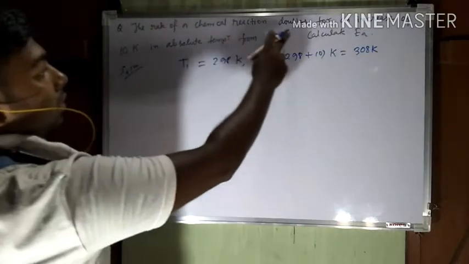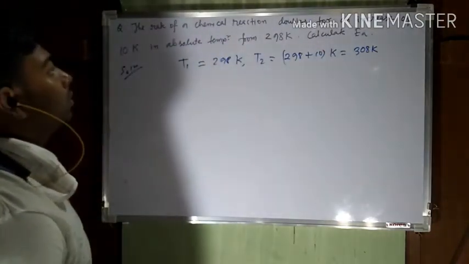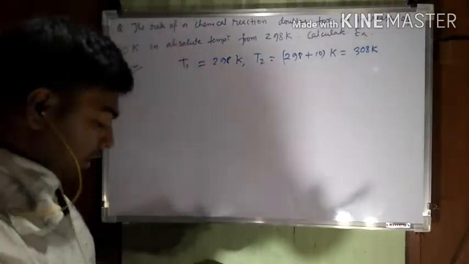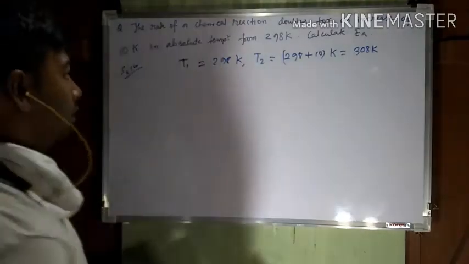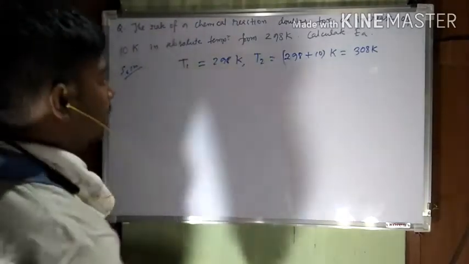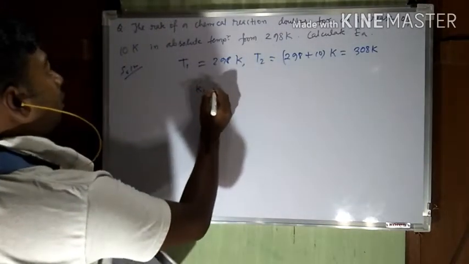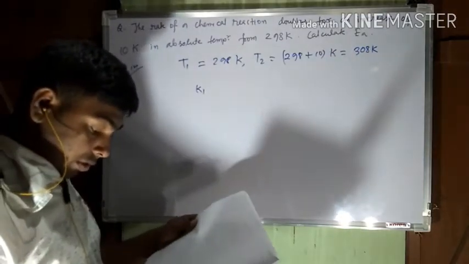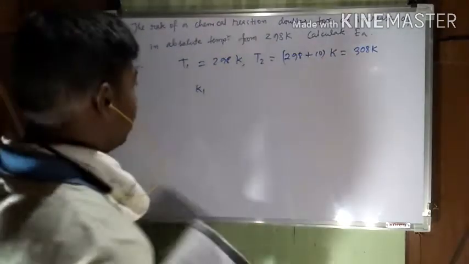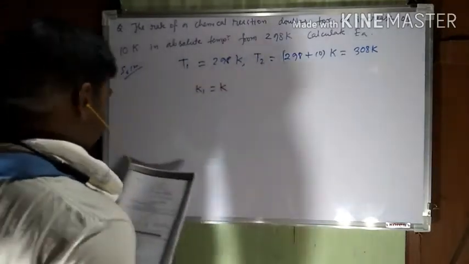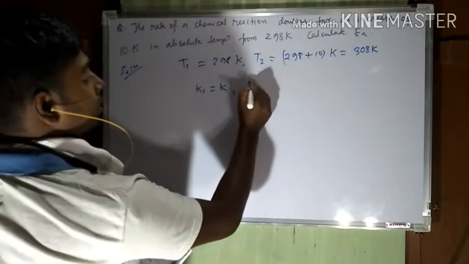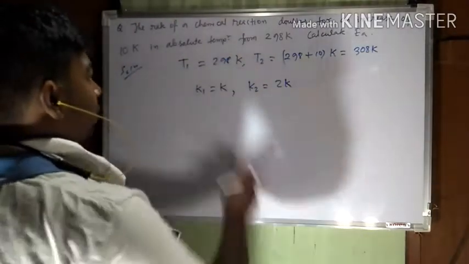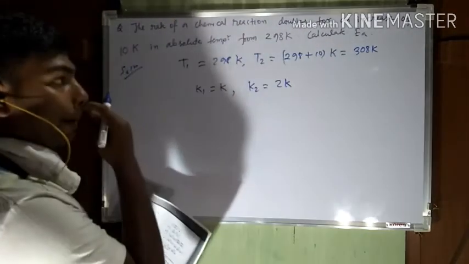The rate of the chemical reaction is doubled. If the rate becomes double, then the rate constant also becomes double. Suppose K1 is taken as K, then obviously K2 becomes 2K, since it is double. Now we have T1, T2, K1, K2.